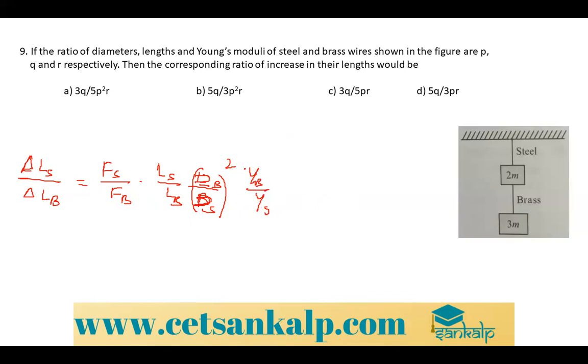Finally, they have told that this is nothing but Q, this is nothing but 1 by P the whole square, and this is 1 by R. Why? Because it is Yb by Ys.